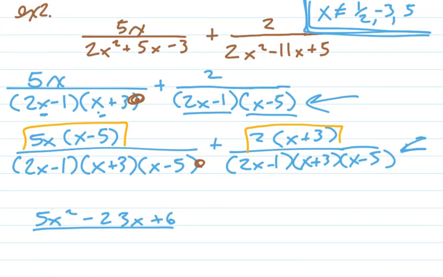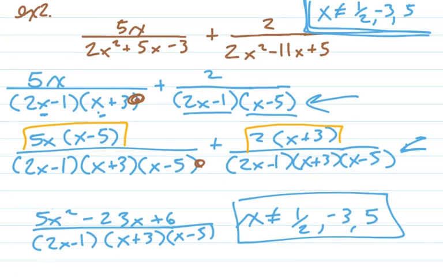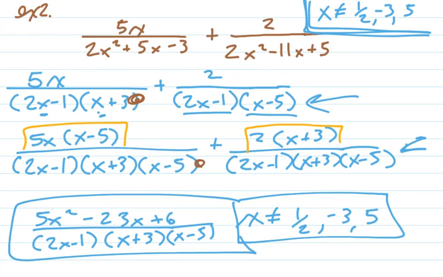And on the bottom, I'm just going to have 2x minus 1 times x plus 3 times x minus 5. Okay, and my domain restrictions are 1/2, negative 3, and 5. Okay, oops. Should circle the whole problem. All right, thank you.